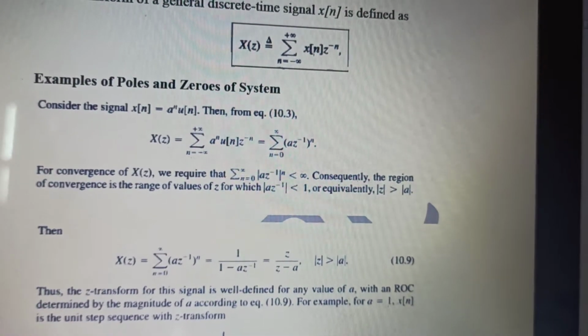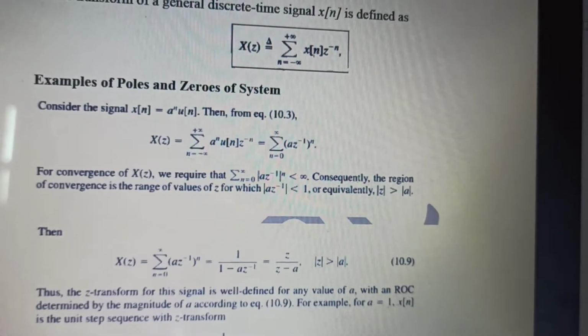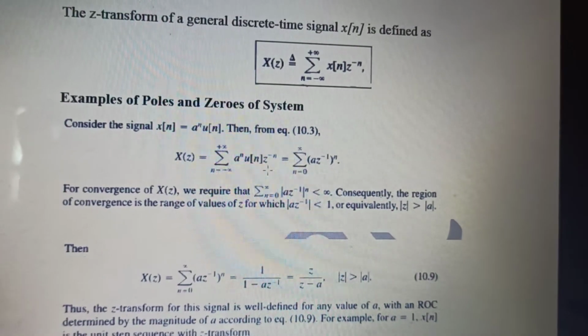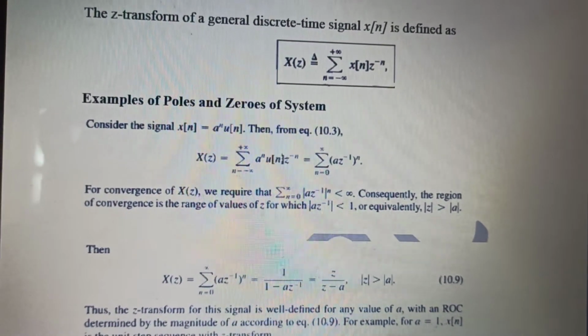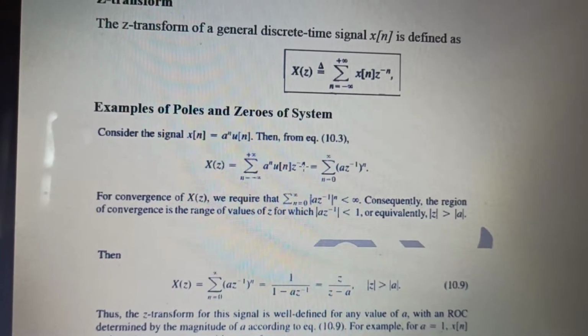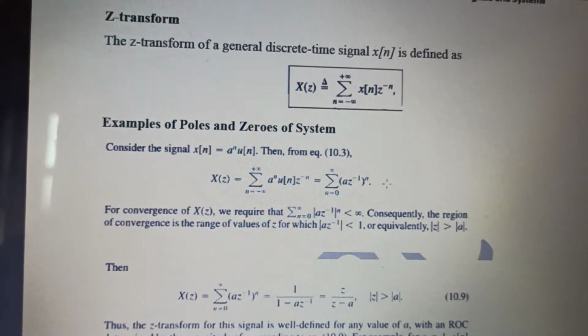You can very well see that the a and z terms can be combined and n can be taken out, so it becomes a z to the power minus 1, the whole to the power n.